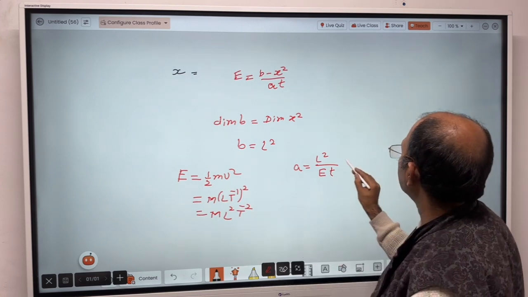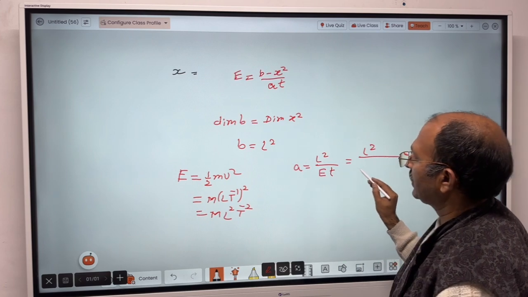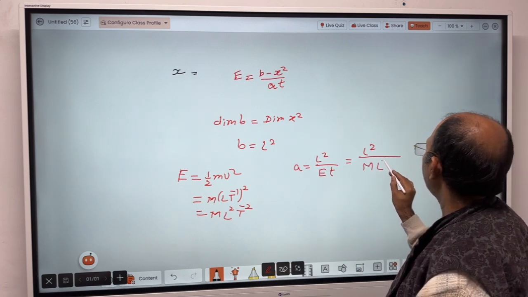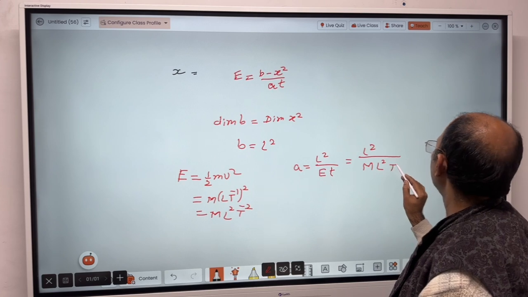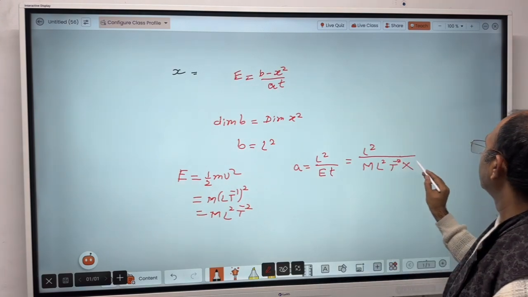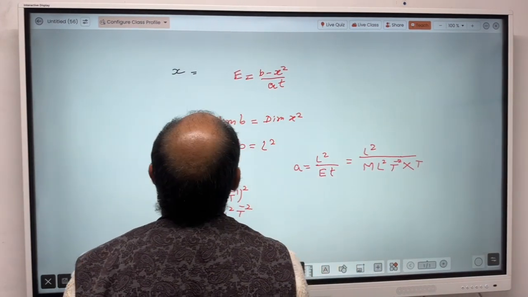So E is energy, we can write it here. So this will come L square divided by m L power 2 T power minus 2 times T. We can simplify to get the dimension of A.